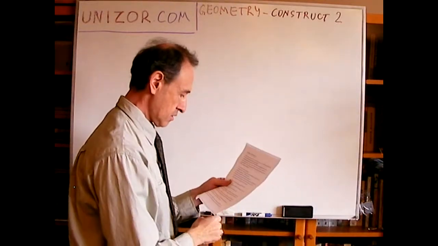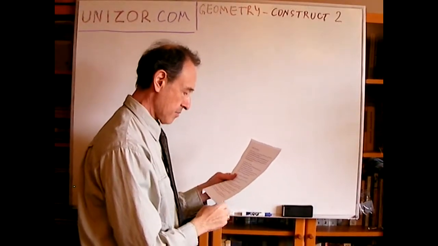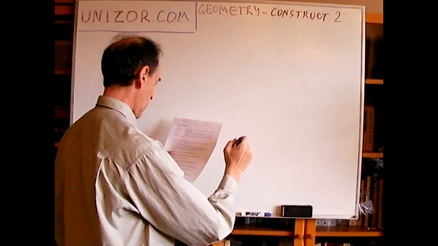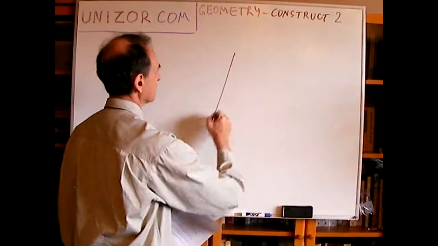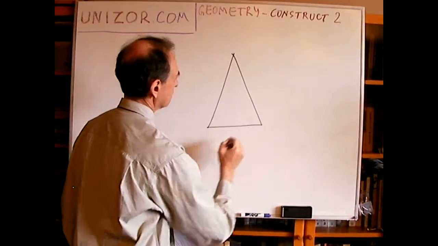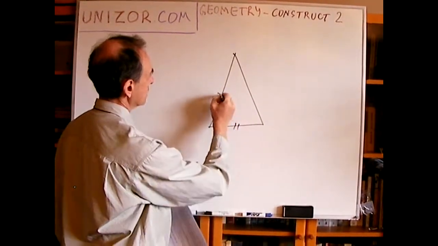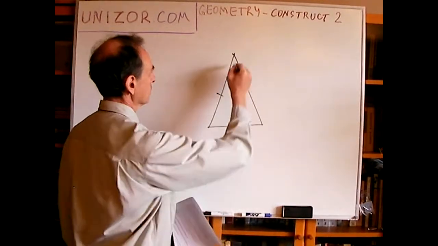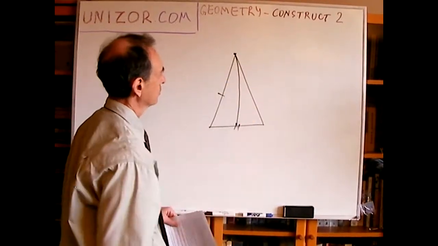Okay. Construct an isosceles triangle by base and one of two other sides. Okay, so you have an isosceles triangle, you have a base and one of the sides. Now, how to construct it? Well, very simply. Let's divide the base by 2.